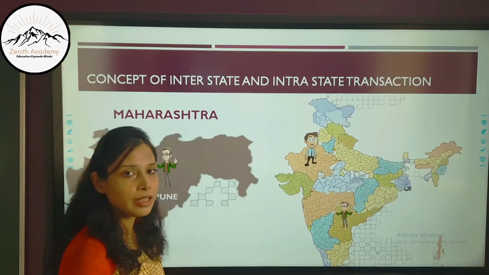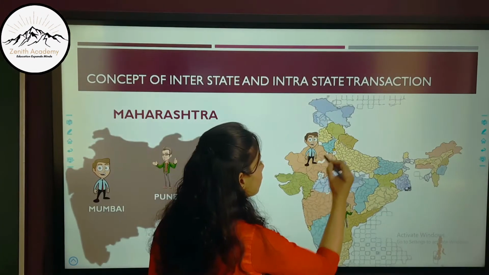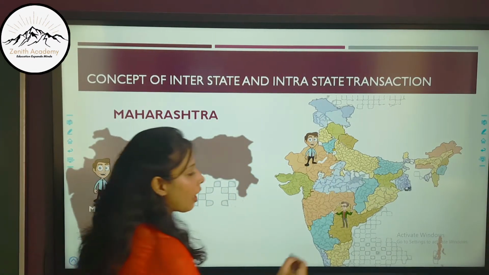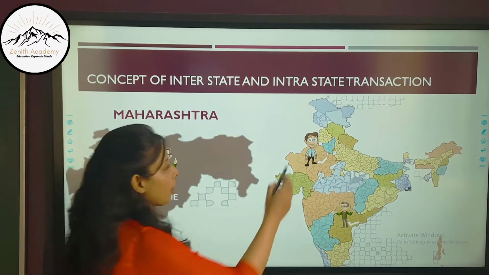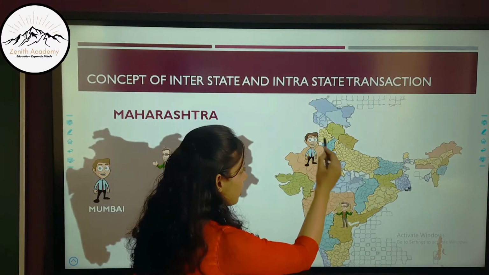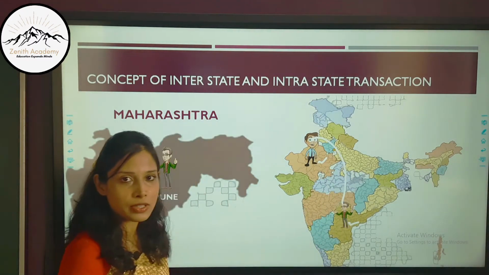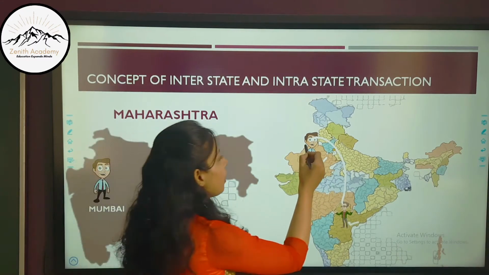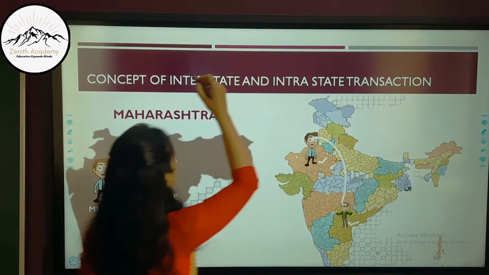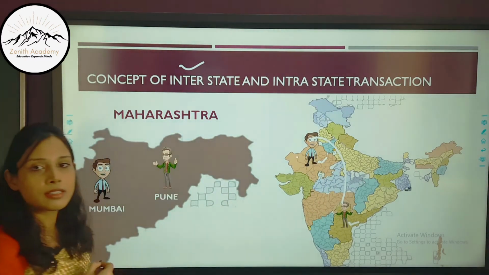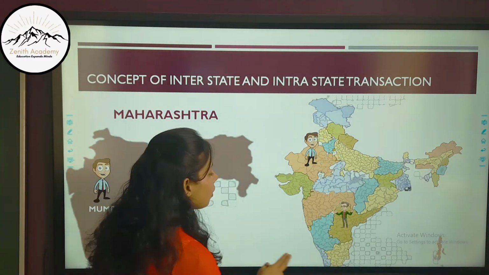So here in India, this person from Rajasthan and this person from Karnataka, the transaction is happening between these two persons and hence two different states are involved, and so this transaction is the interstate transaction.